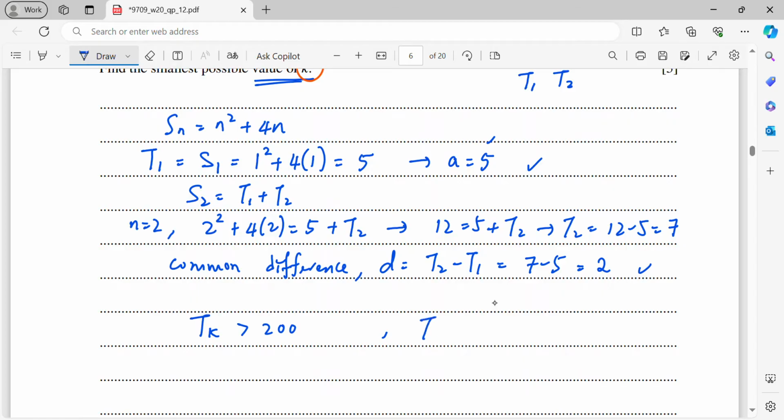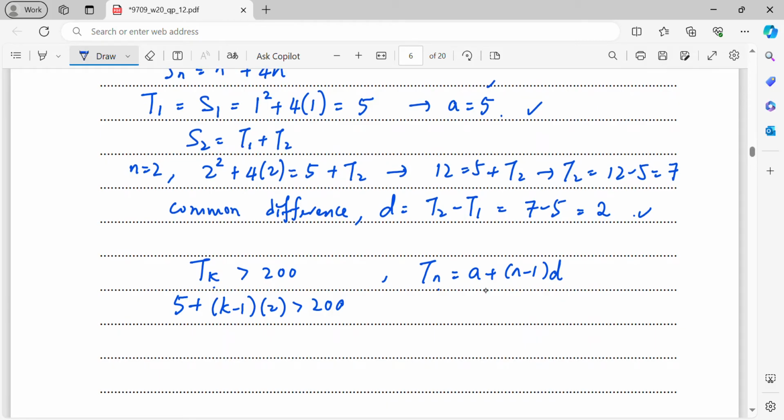Tn is a plus n minus 1 d, and now n has been changed to k. So I get 5 plus k minus 1, my d is 2, is greater than 200. Then I need to find out what is my k.